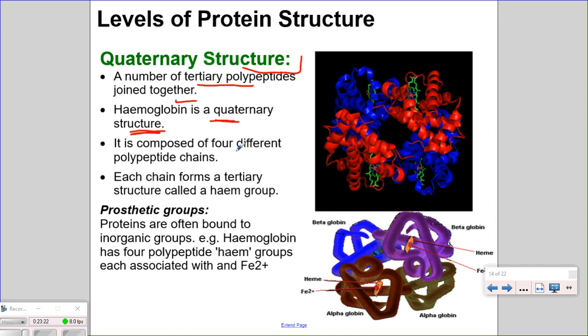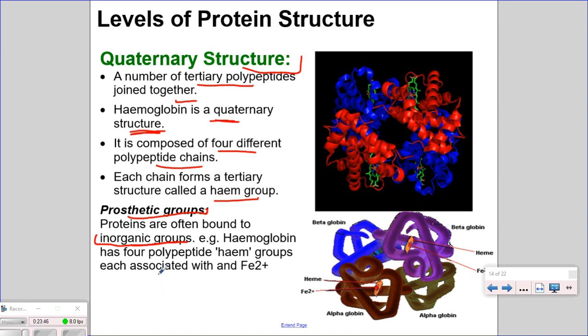Hemoglobin is composed of 4 different polypeptide chains. Each chain forms a tertiary structure called a heme group, and all 4 of those heme groups together create hemoglobin. Hemoglobin also has what is called a prosthetic group, which are proteins that are bound to inorganic groups. So it's kind of like little accessories.